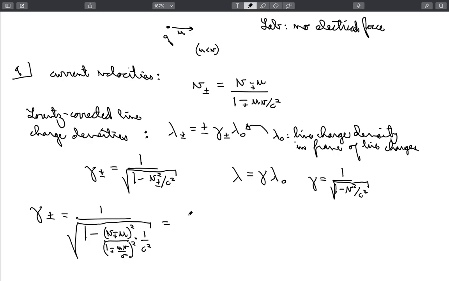So what does that tell me? c squared minus or plus u, divided by the square root now of, again, this c squared minus or plus uv, this thing squared, minus c squared times v minus or plus u squared. Okay, and this in a square root.